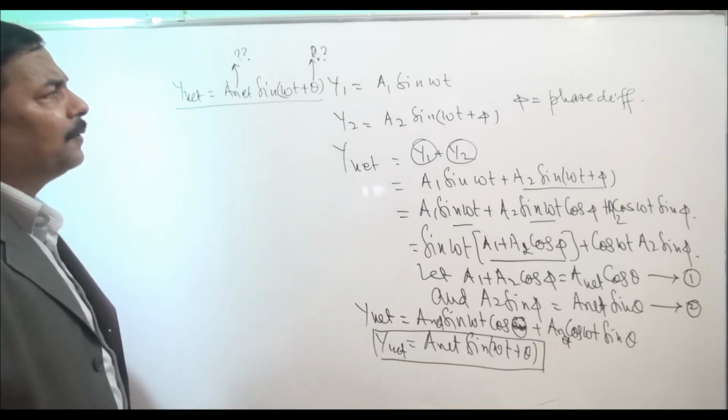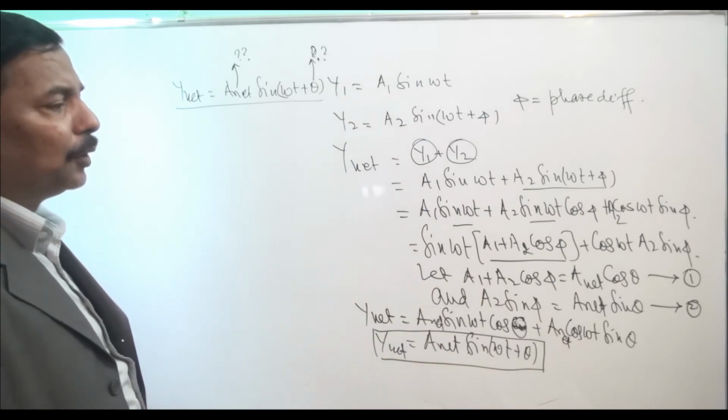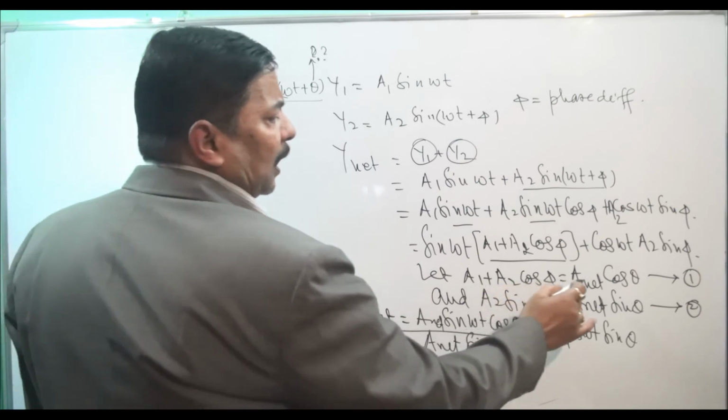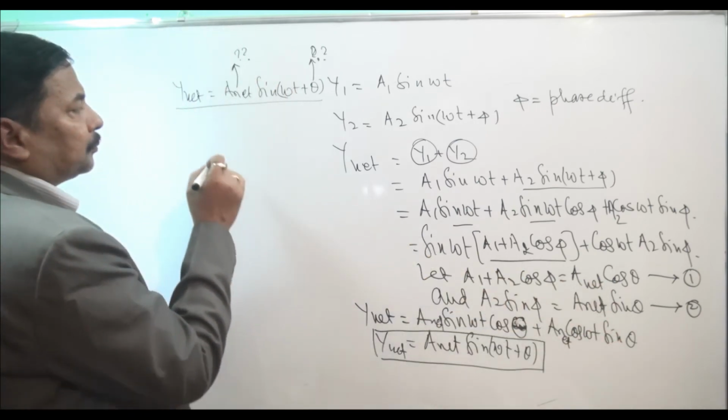In order to find the value of A net and theta, first I am squaring and adding equations 1 and 2.